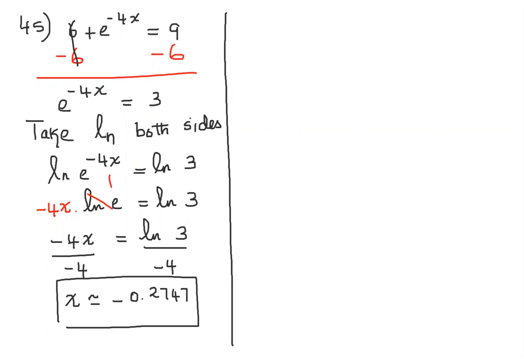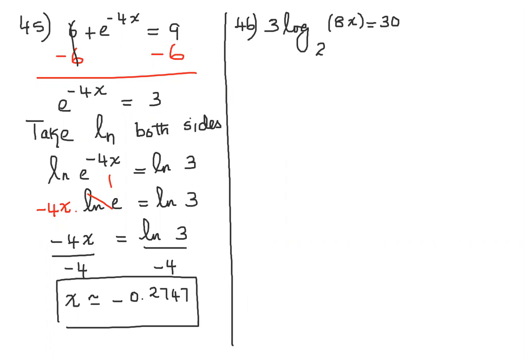Okay. Next, number 46. Now we are going to solve logarithmic equations. So whatever the equation, either logarithmic or exponential, you have to get the log or the exponent by itself.